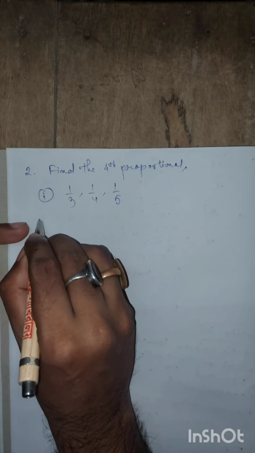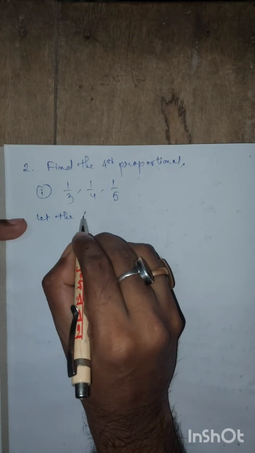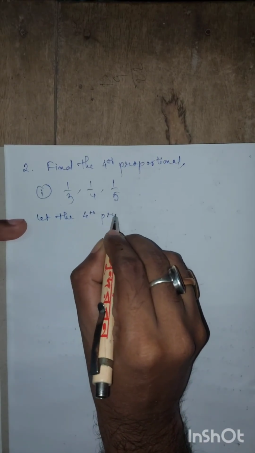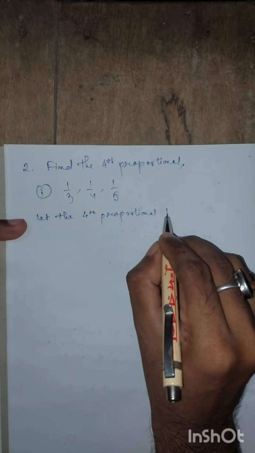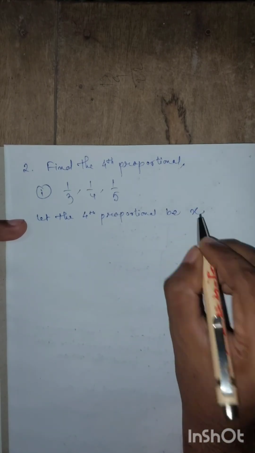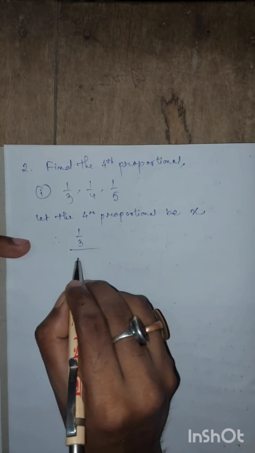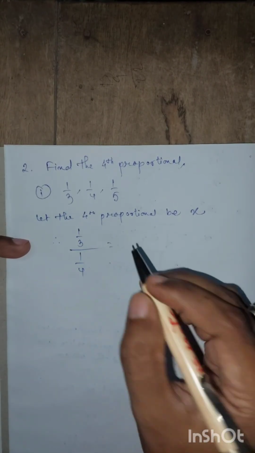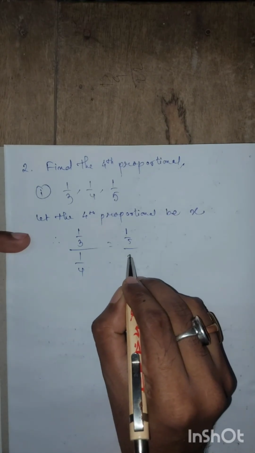So let the fourth proportional be x. Therefore 1 by 3 by 1 by 4 is equal to 1 by 5 by x.